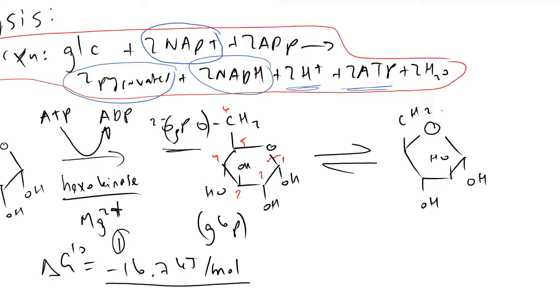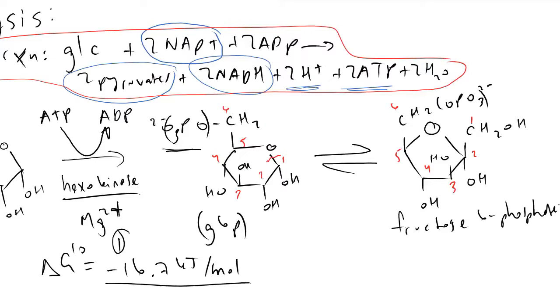Then here we have CH2, and then OPO3 2-, as well as this new part of the molecule, the carbon 1 that was kicked out, which is now CH2OH. It's helpful to keep track of the carbon numbers: this is carbon 1, carbon 2, 3, 4, 5, and 6. This new molecule is called fructose 6-phosphate.